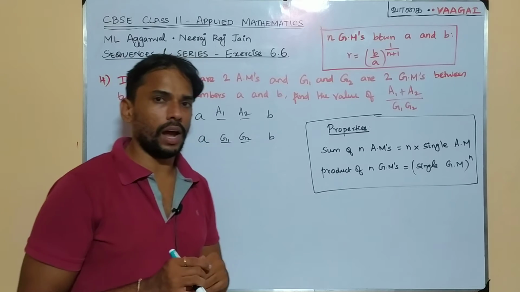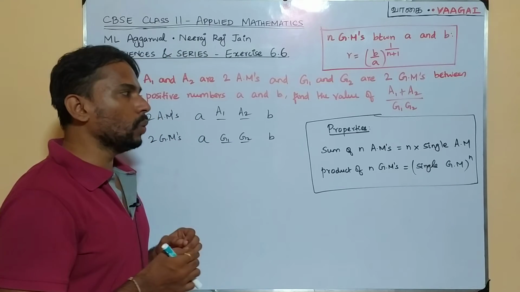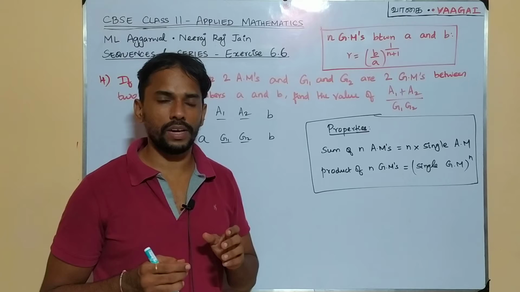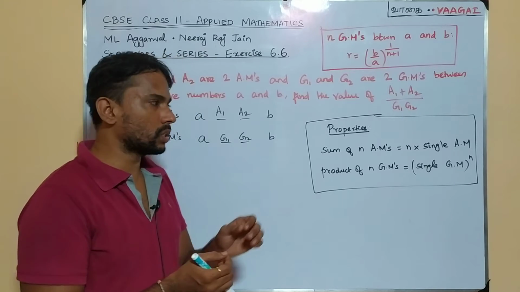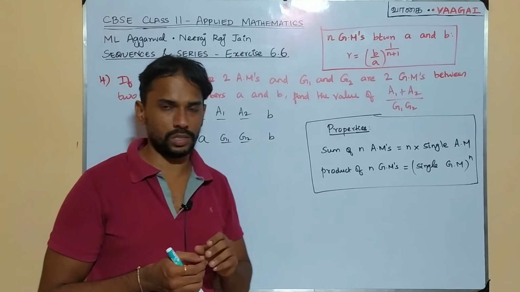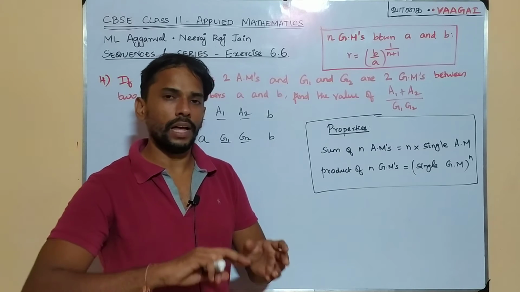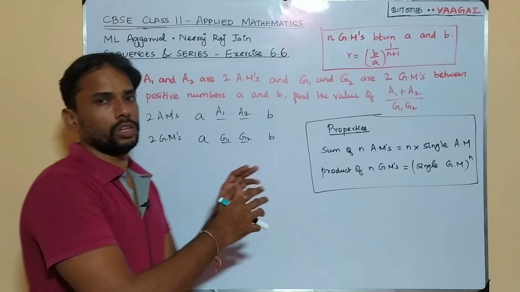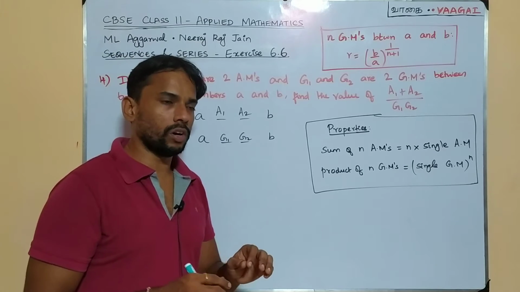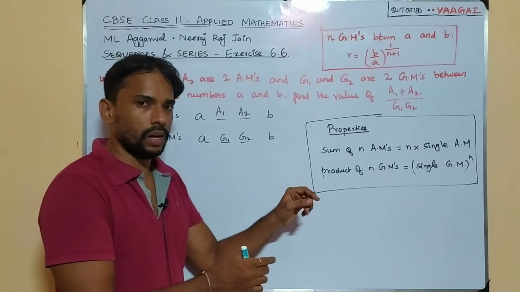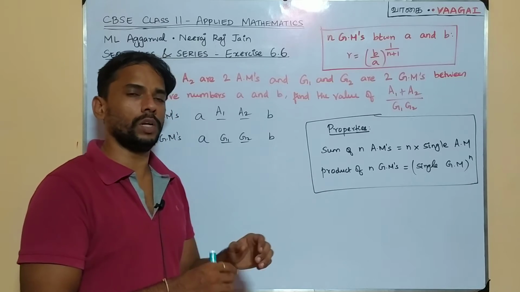If we need to work out this question in a very easy way, we should strongly know 2 important properties. We'll see the properties first, then we will use them to solve this problem. Because if you use these properties here, the way of solving this question is going to be very, very easy.